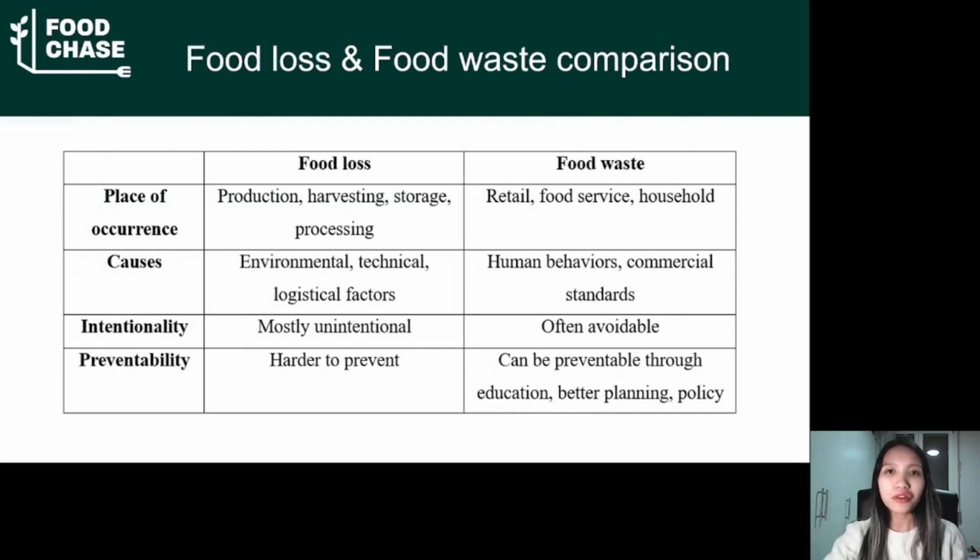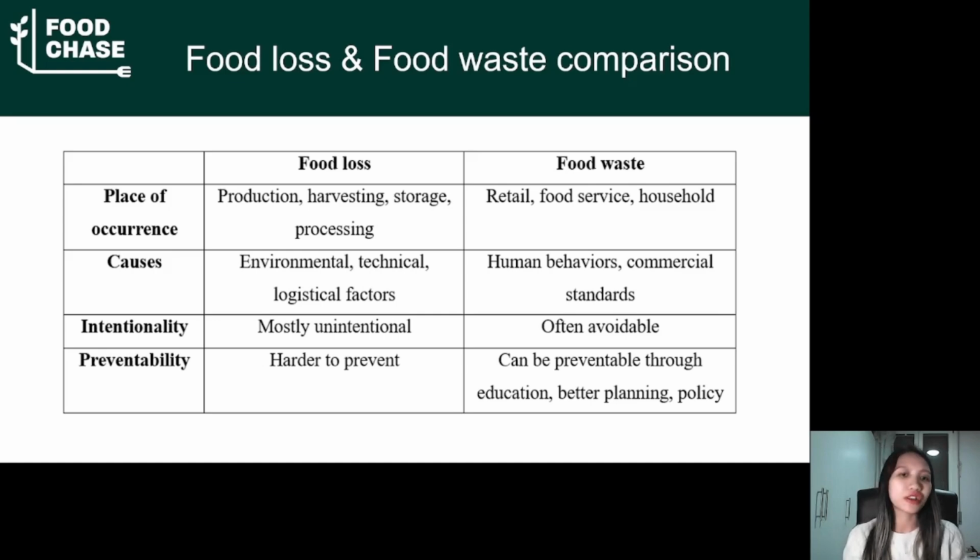This is the table I made to compare the two terms, food loss and food waste. As you can see, they happen in different places. They have different causes. However, food waste is often avoidable because it stems from human decision. Food waste can be preventable through education, planning, or policy.